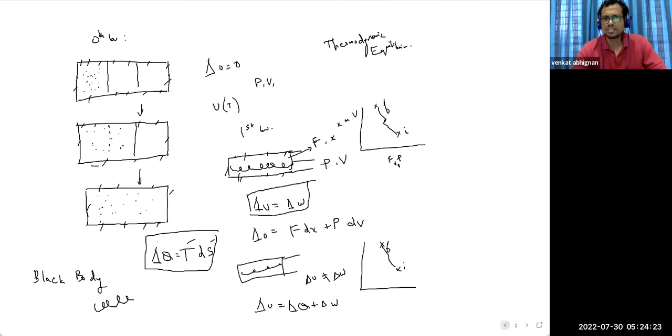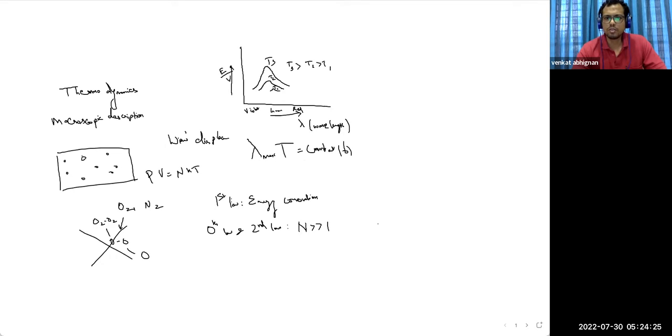Yes, that's what I was trying to impart on the first page itself, that all these thermodynamic laws boil down from the microscopic conditions only when you take this limit of a large number of particles.